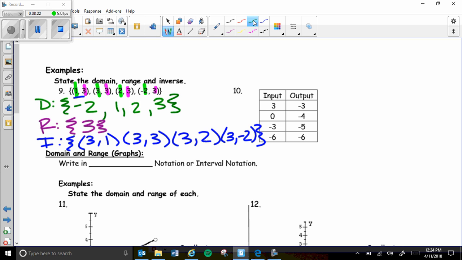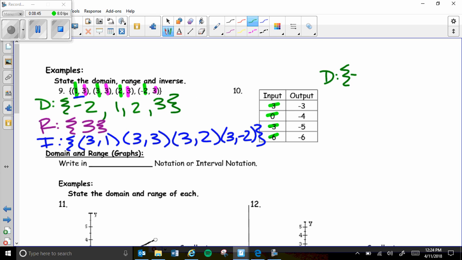All right, so looking at number 10, again, we always put them in braces. They're a set of numbers, and we always put them in order from least to greatest. So I'm only looking at my inputs. Remember, DIX, domain, input, x values.